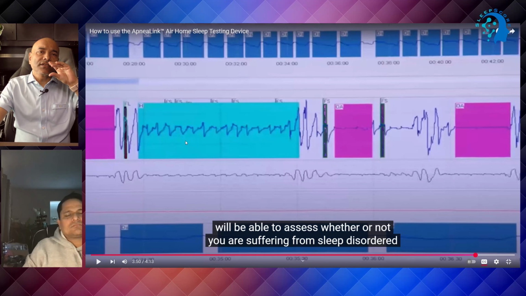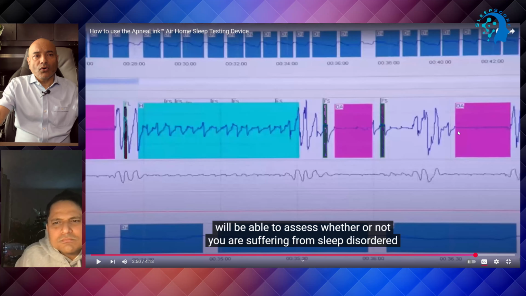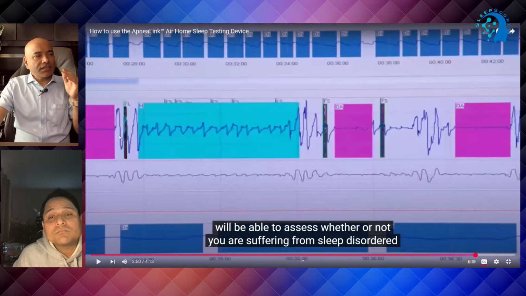His breathing is decreased by 30%. But here you see his breathing is good. But now in pink, he did not breathe at all, like a straight line. Over here, you see, that is a straight line. That means he did not breathe. So, okay, if this is the scenario, I will tell you what happens.